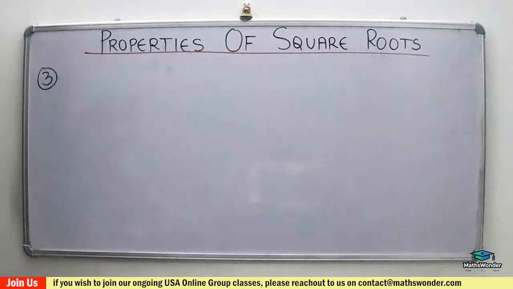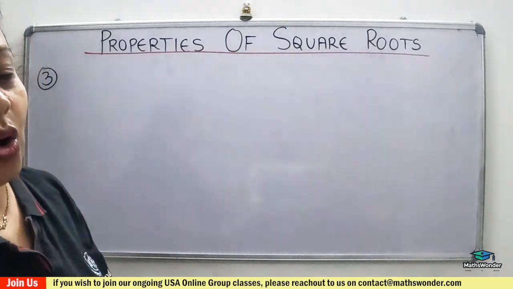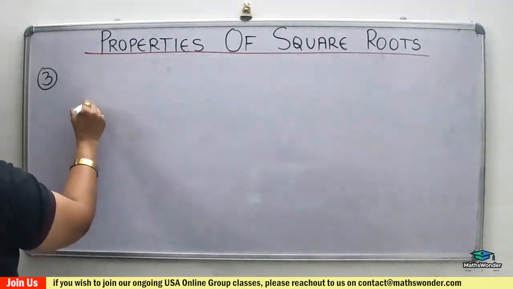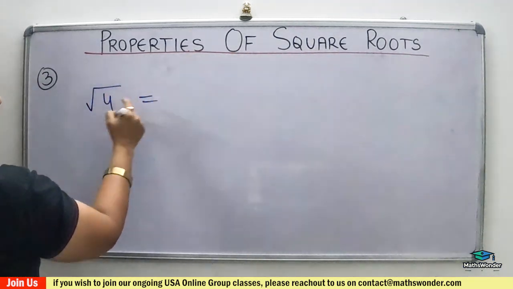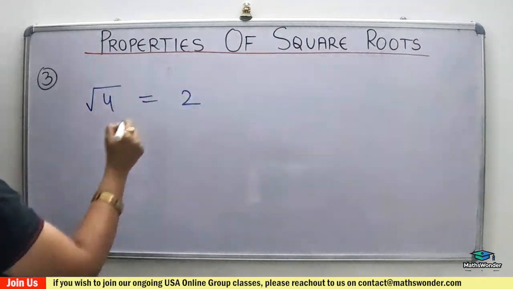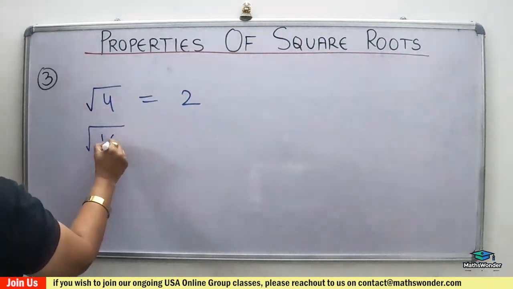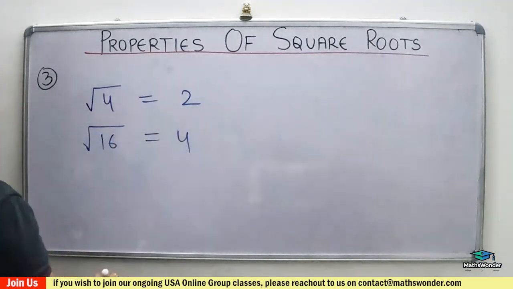The third property is, the square root of an even square number is even, and the square root of an odd square number is odd. How? Look at the example. This is an even number, so you will get the even square root.